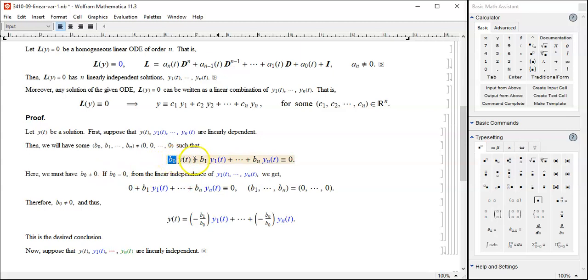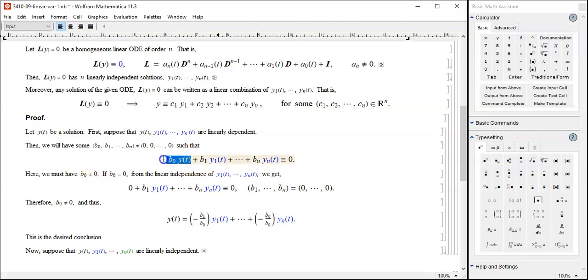If b0 is 0, then this entire part drops out, and then we have a linear combination of y1 through yn. And thus, all these coefficients must be 0 because y1 through yn are linearly independent. So we have all 0.